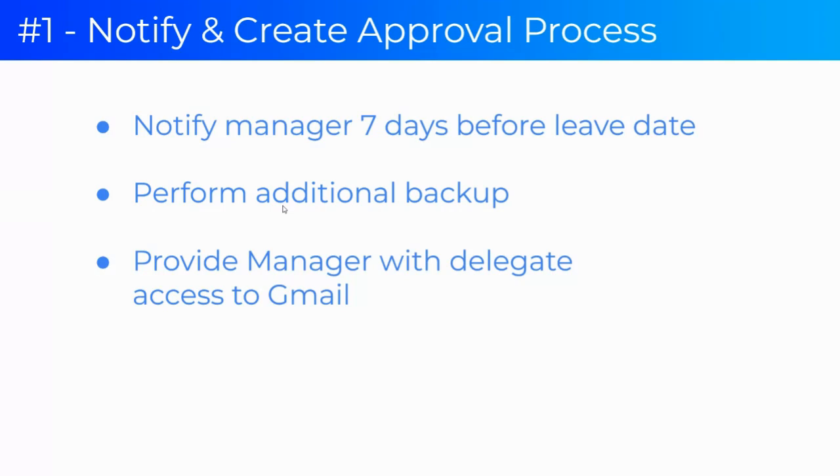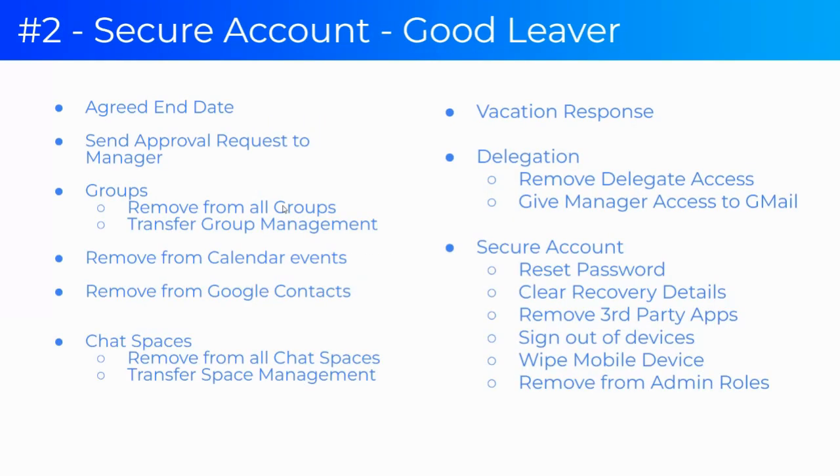And then, in order to help with the transition, we're going to show you how you can allocate delegate access to the user's manager so that they can gain access to the Gmail account of the leaver prior to them leaving the organization. Once that's done, when the leaver actually leaves on the evening of their last day, Patronum will then send an email request to the manager to agree and approve that this is the correct user.